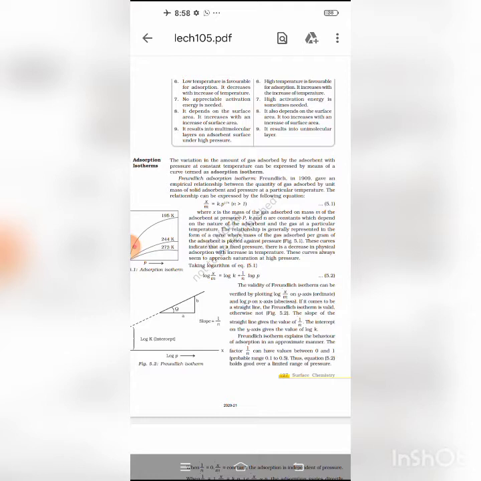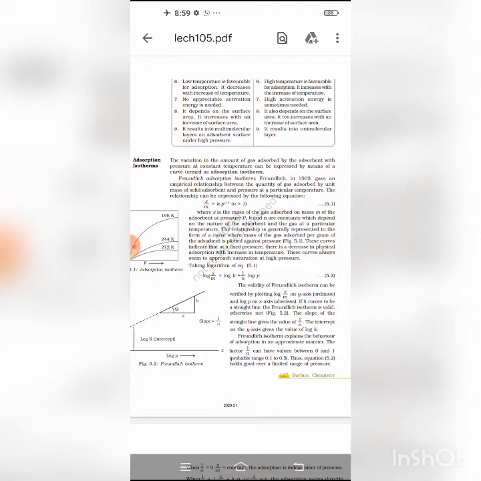It can be expressed as x by m equal to k into p to the power 1 by n, where n will be greater than 1, and where x is the amount of gas adsorbed by m grams of adsorbent at a pressure p.